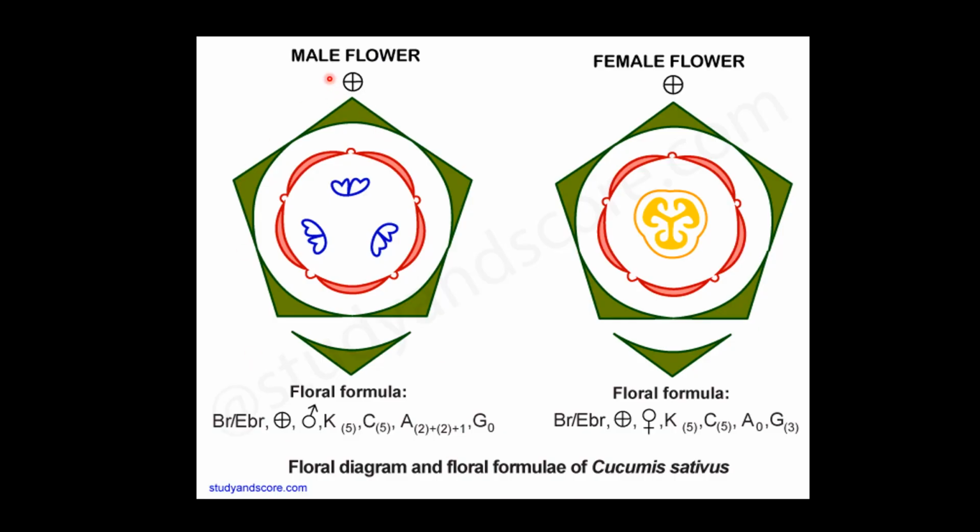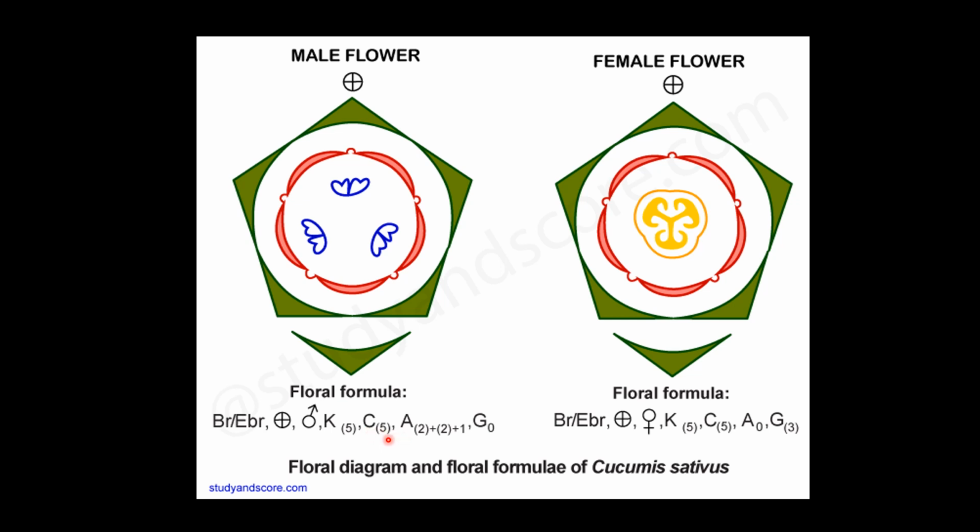Now let's discuss the floral formula of the family. Here the example is Cucumis sativus. They are unisexual flowers. The male flowers can be bracteate or ebracteate. Both are actinomorphic flowers. Male flowers are represented by this symbol. The calyx is 5 and gamosepalous, or united sepals.